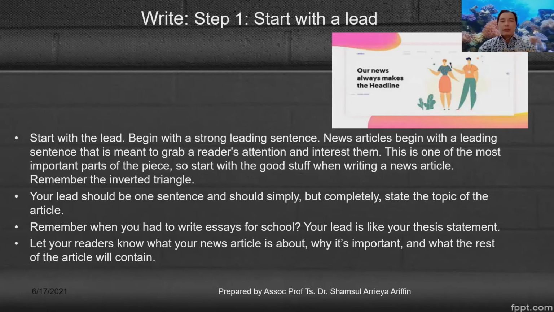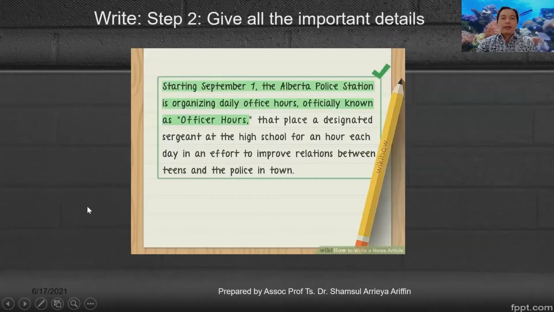As I mentioned just now, when you write the first paragraph, it must be interesting so that they can continue reading your article. And in the first paragraph, you need to tell what you are going to write. Maybe you can state the major point that you want to write inside the article. So that is the beginning, the first paragraph. And if you read this, it also relates to essay writing, to writing a thesis.